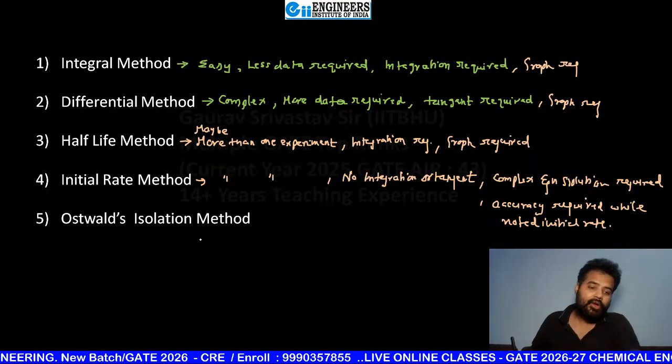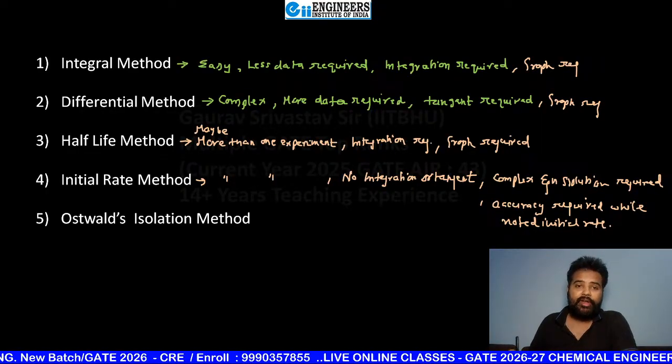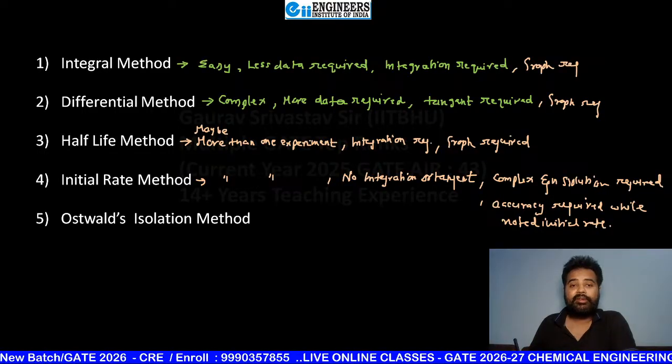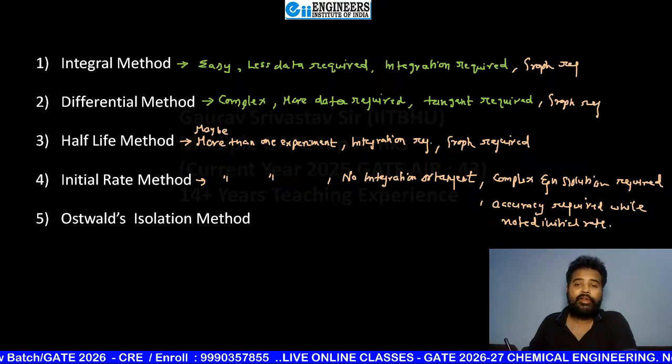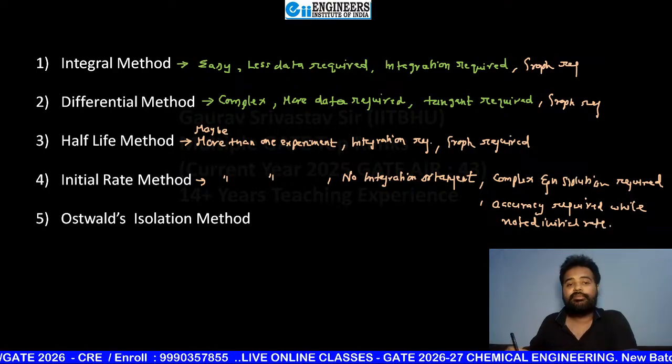Okay. Similarly, for Ostwald isolation method, you can write the advantage that a multiple reactant system can be modelled as a single reactant system.